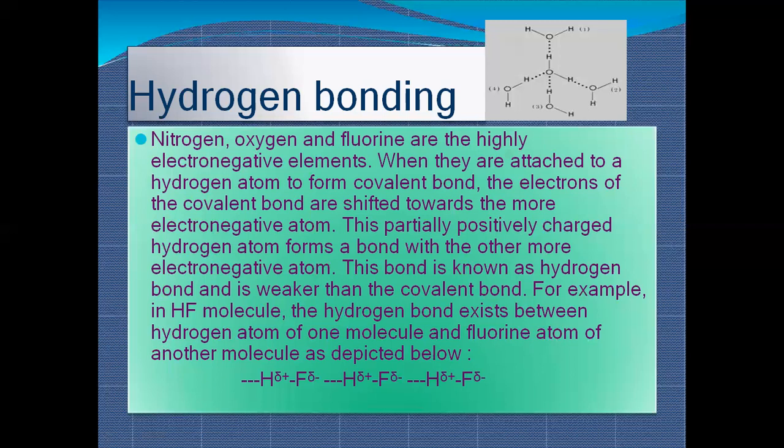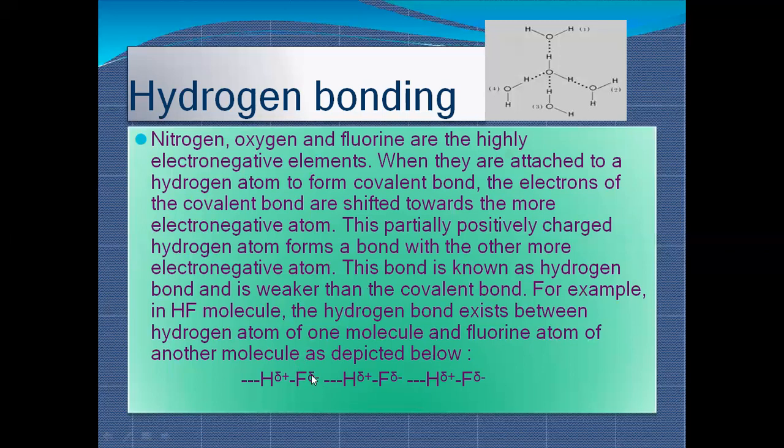Okay, so for example, in HF molecules, the hydrogen bond exists between the hydrogen atom of one molecule and the fluorine atom of another one. As we see, fluorine is a highly electronegative element. So when this highly electronegative atom combines with hydrogen, the electron shift will be towards the fluorine only. Because of that, the charge on fluorine increases, due to which a partial negative charge develops there.